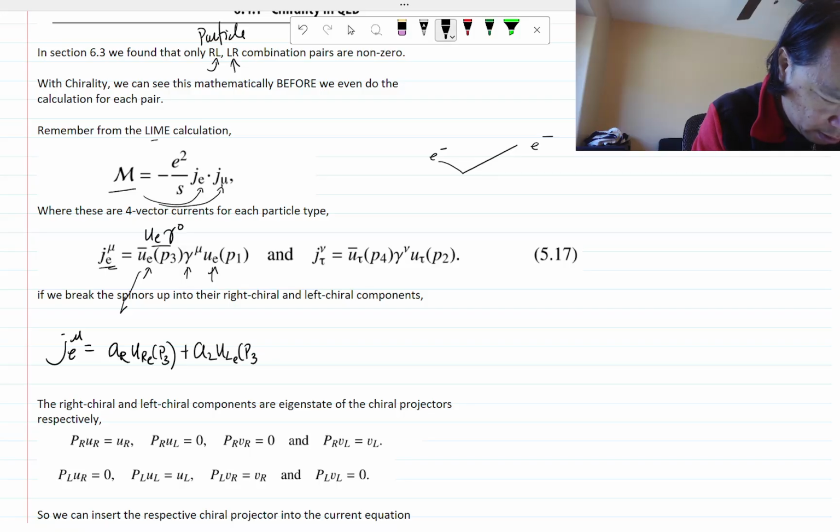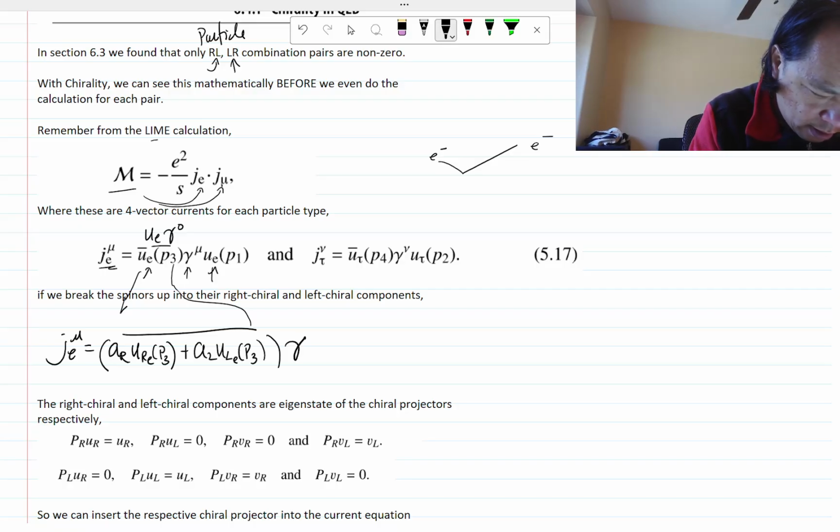This is still P3, the same, we're just writing this side. Then we have the adjoint of this whole thing, and then we have gamma mu. I'm only going to write one of them. This is just to show you an example of what this looks like.